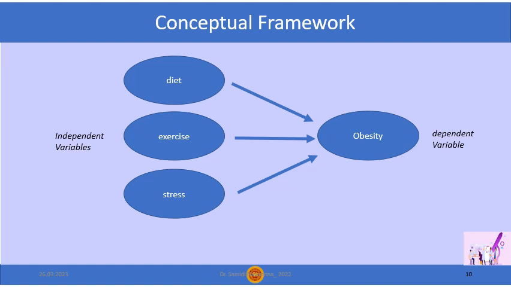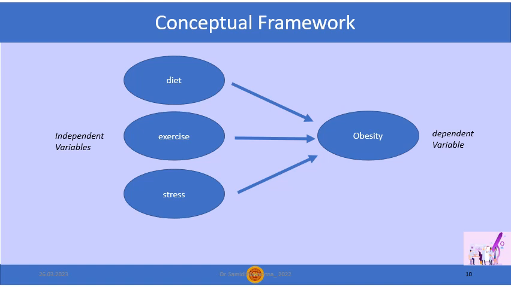Both are necessary components. So in this conceptual framework, I have put this simple diagram here. Let's think of an independent variable and a dependent variable. Because we were discussing a healthy lifestyle, let's say we prefer the dependent variable to be obesity, then the independent variables can be the diet, the exercise, or stress.